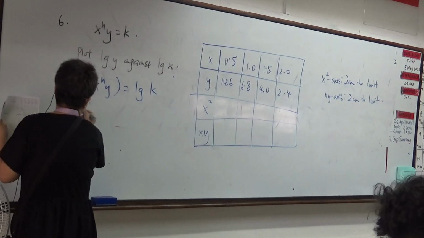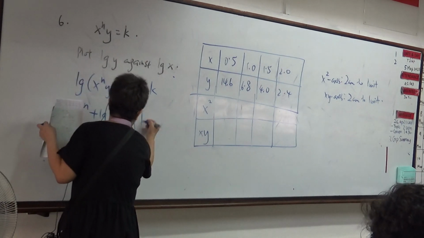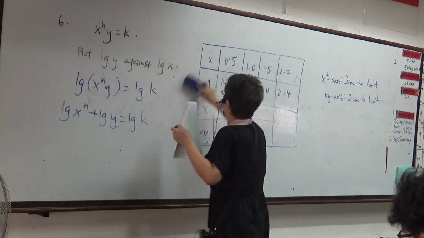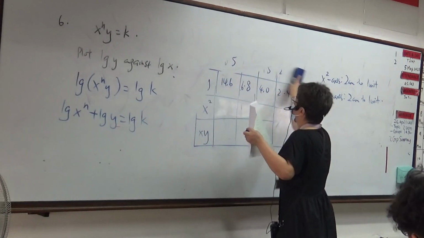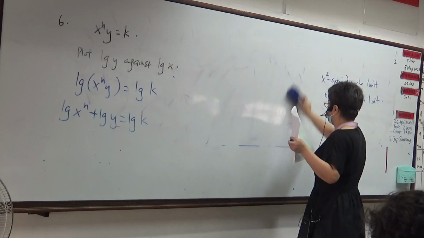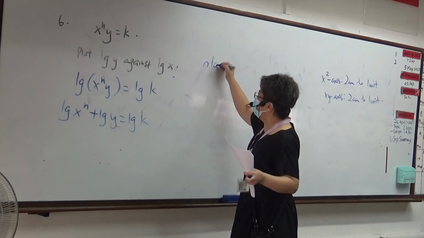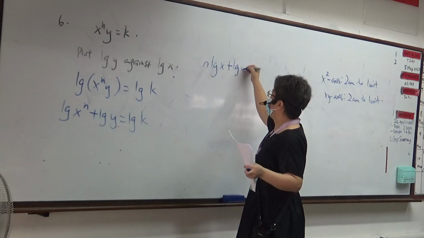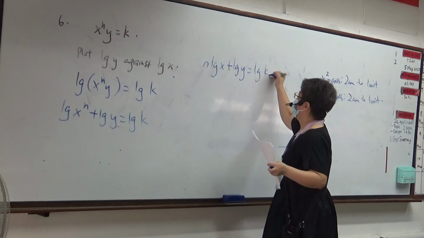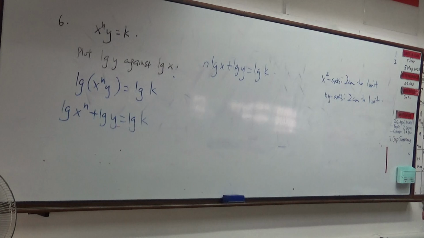This will be log x^n plus log y equals log k. Now, this will give me n log x plus log y equals log k, right? Oh, it's not n now.